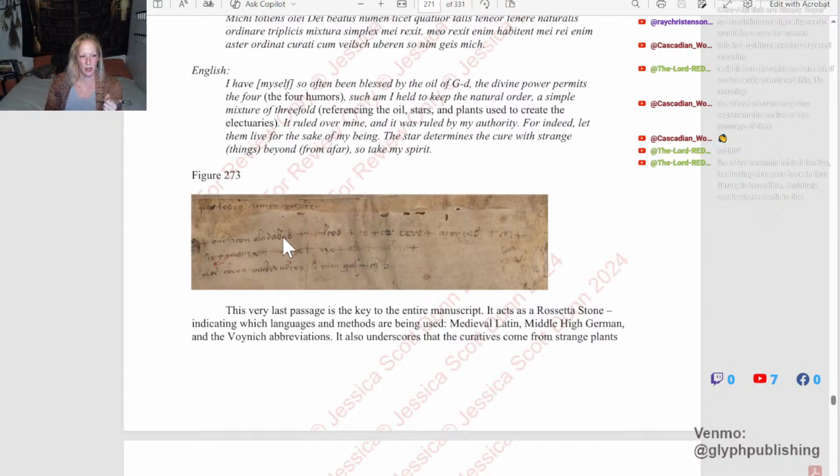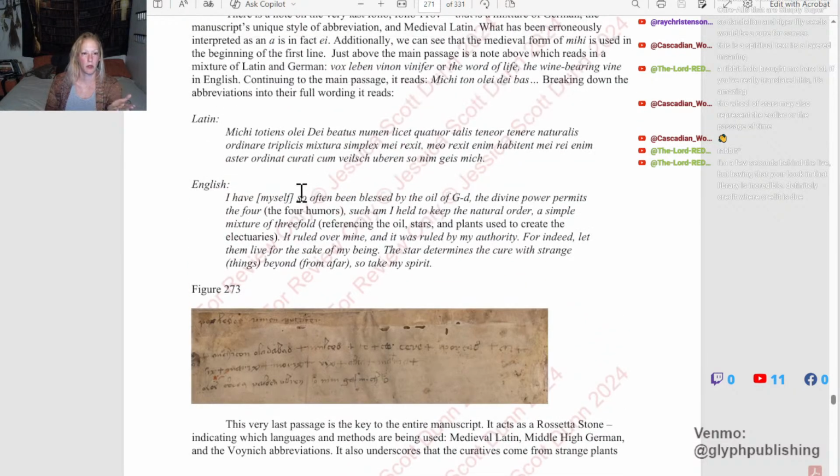And then this is an A, bas. So that's not a D, those are S's. But bas is its own abbreviation as well, and so is ton, or tone, T-O-N. So if you unabbreviate it, it's Michitotiens Olii Dei Beatus Numen Licet Quatuor Talis Tenior Tenere, da da da da da.